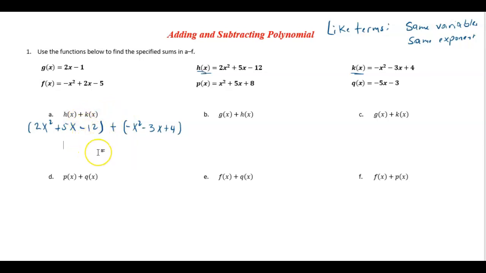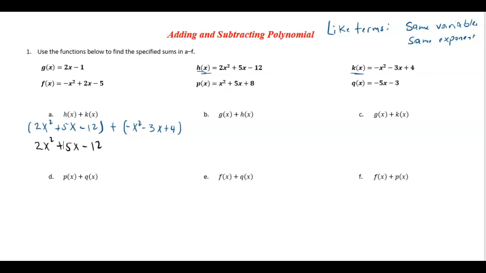Now we're combining like terms. Let's first eliminate the parentheses, so that'll make life easier. We're going to have 2x squared. The first polynomial will stay the way it is, plus 5x minus 12. Because this is a plus sign, it has no impact on the next polynomial, so everything stays the same.